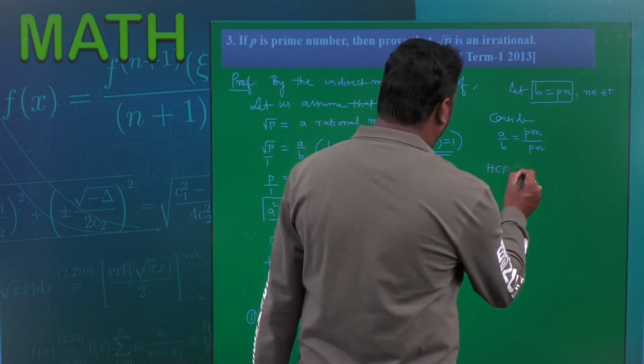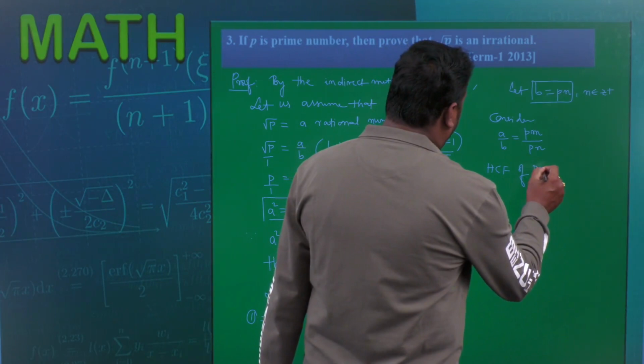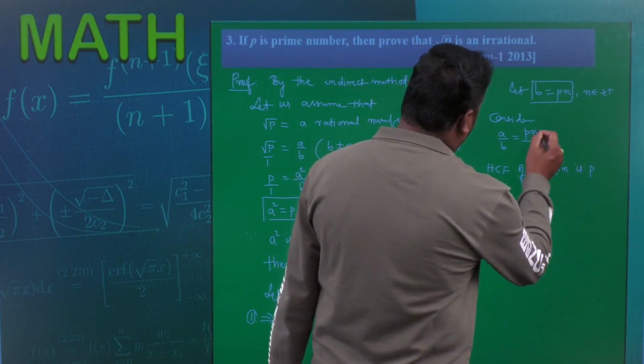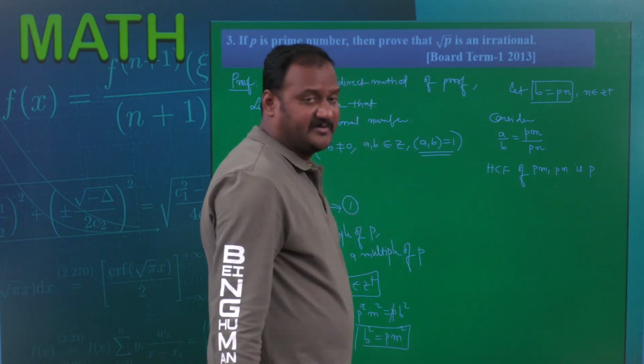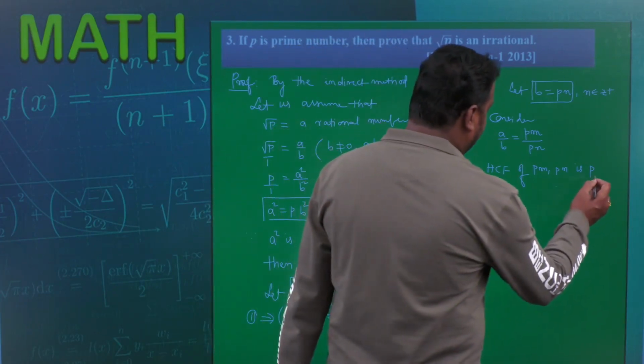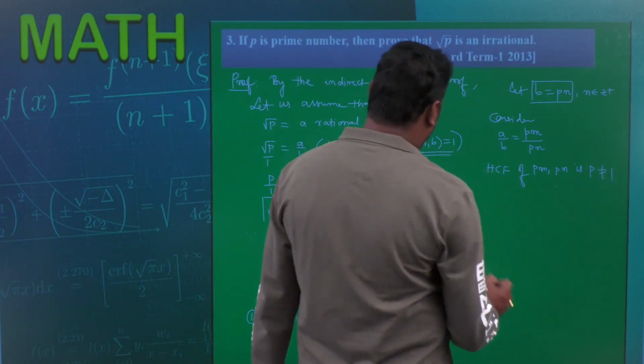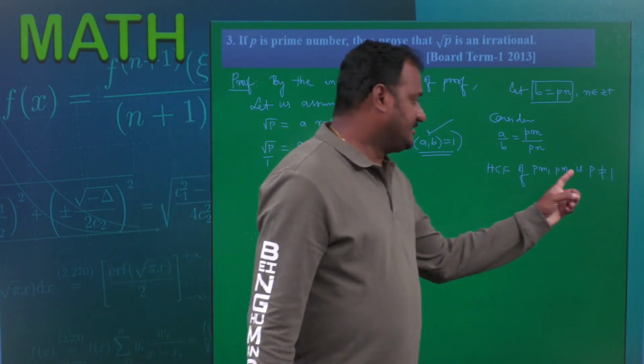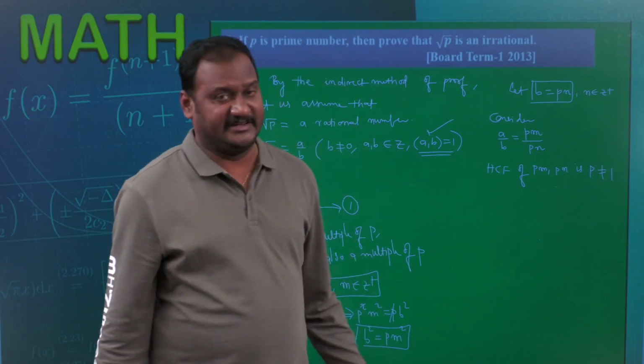The HCF of pm and pn is nothing but the HCF of a and b, which is p, but not equal to 1. Here you have taken HCF is equal to 1. Here you got HCF is equal to p, but it is not 1.